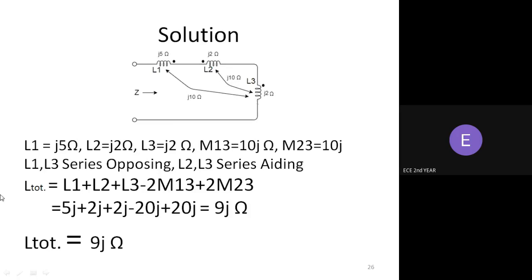Substitute all the values. So totally we will get 5 plus 2j plus 2j minus 20j plus 20j. So the total impedance is 9j. The total impedance of this circuit is 9j ohms. So in this way we can solve this problem.